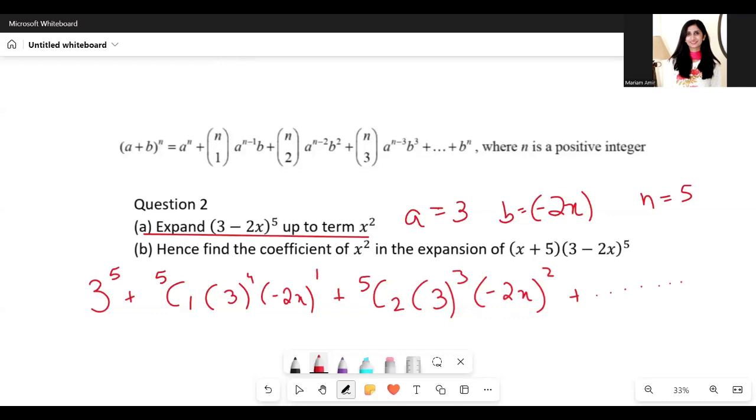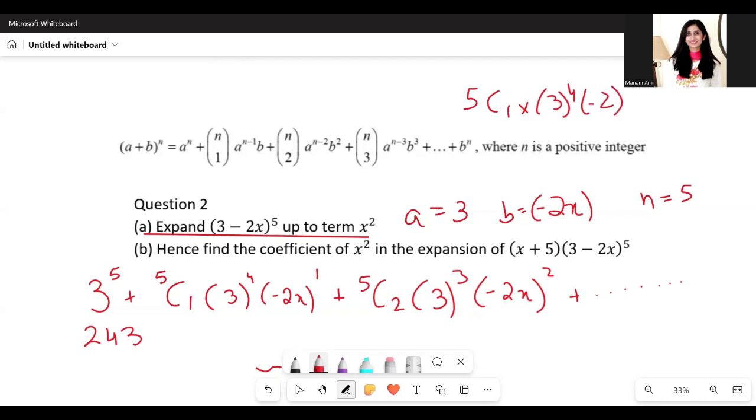Okay, now we enter all these values in the calculator and get all these terms. So the first term, 3 power 5, comes out to be 243. Next, you enter 5c1 times 3 power 4 times negative 2 power 1, or just negative 2 in the calculator.